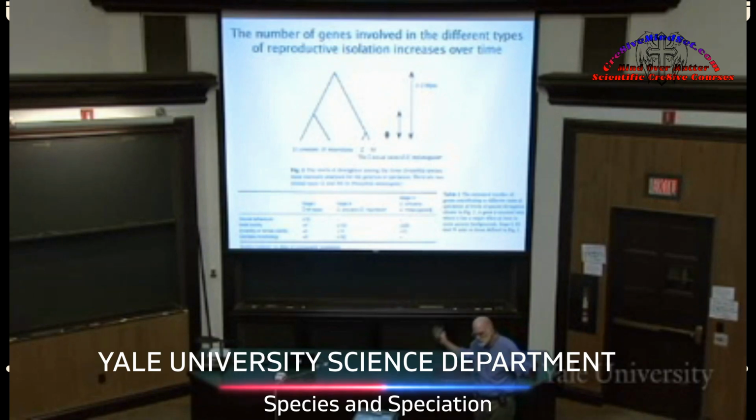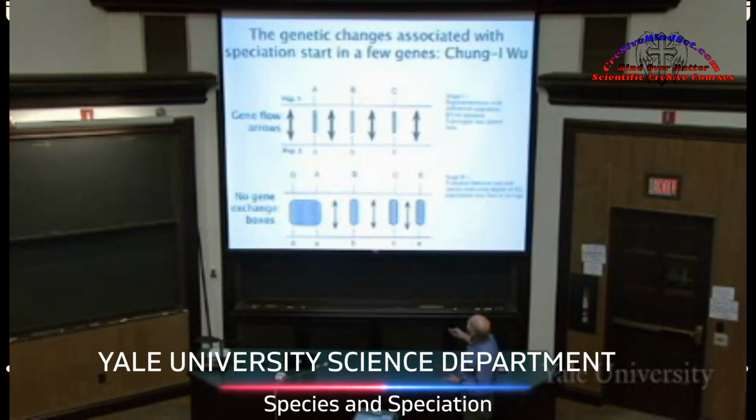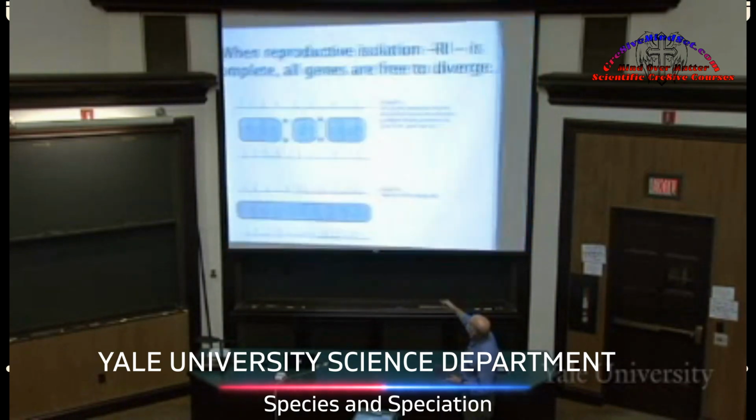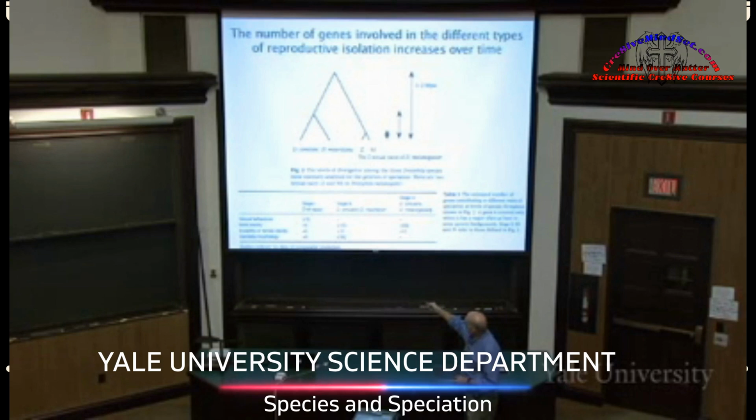That's things like how fast the male vibrates his wings. And stage 3, which is about here, is between simulans and mauritiana. And here we're starting to get back maybe 500,000 years, something like that.